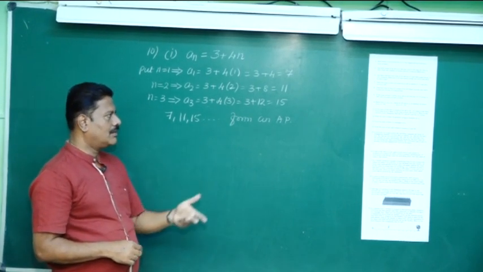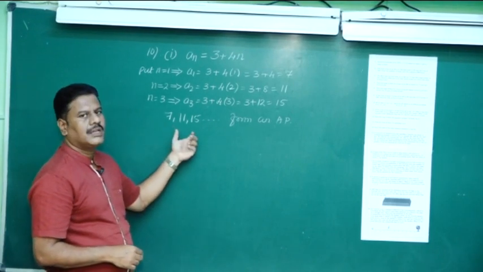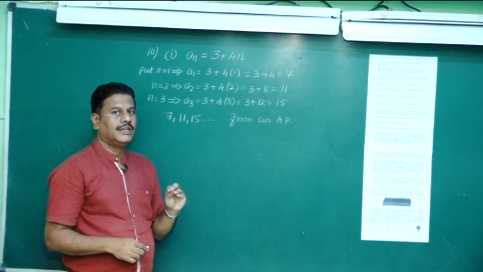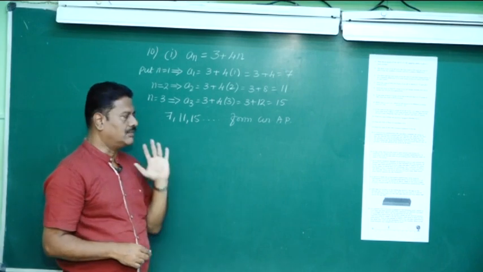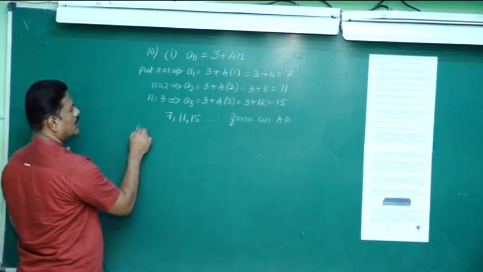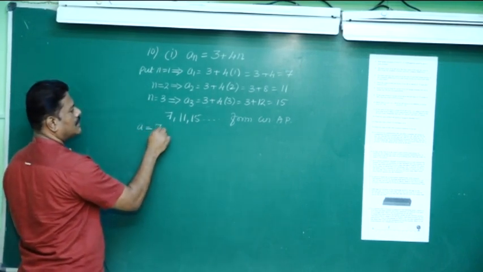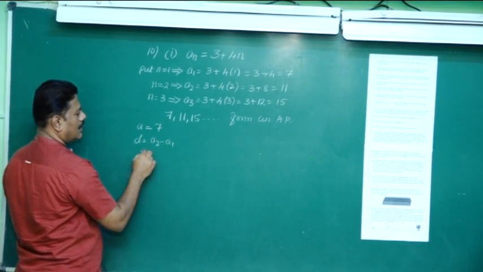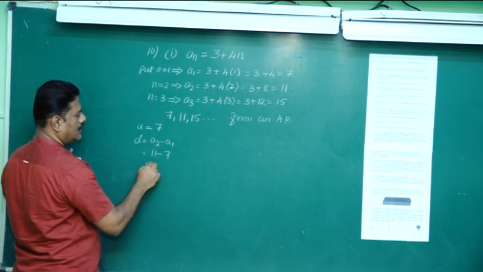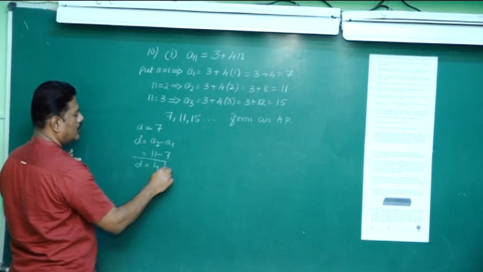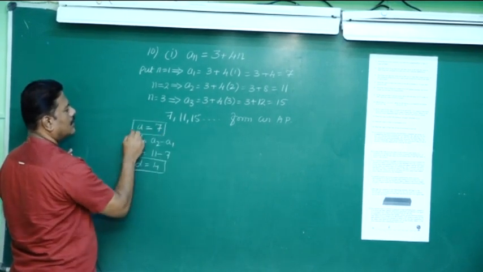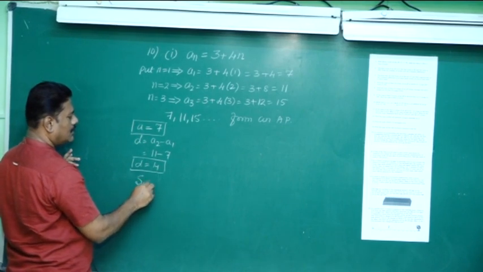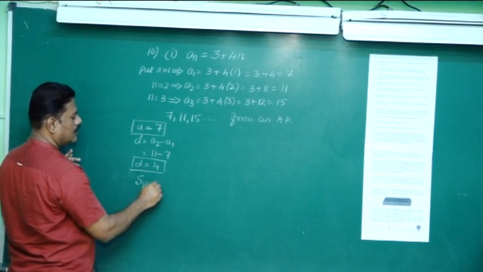Now the second part of the question: if it forms an AP, you have been asked to find the sum to 15 terms. So now you list down what are the things that you know. a is 7 and of course d = a2 - a1, 11 - 7 is 4. So d is 4, a is 7, and you have been asked to find the sum to 15 terms.